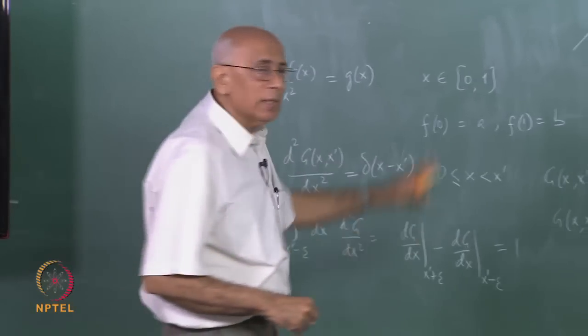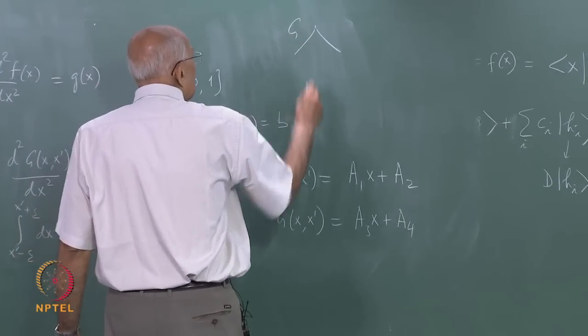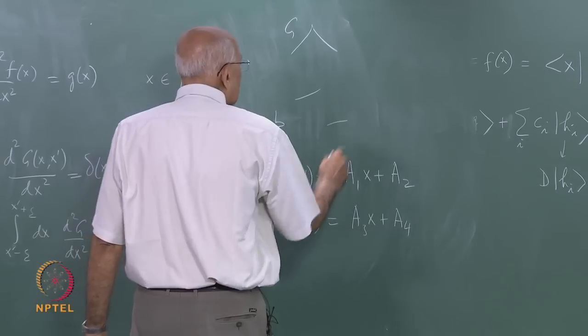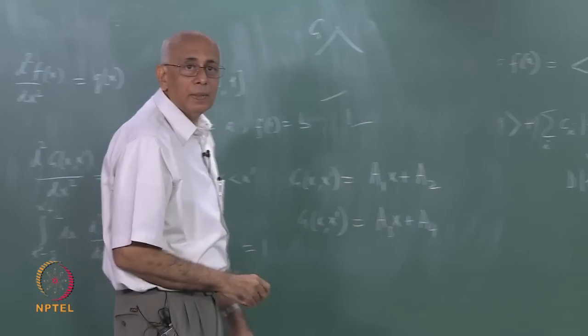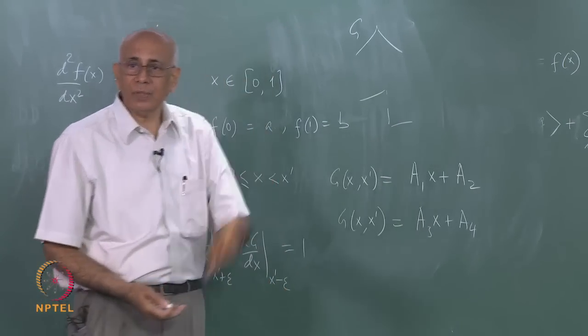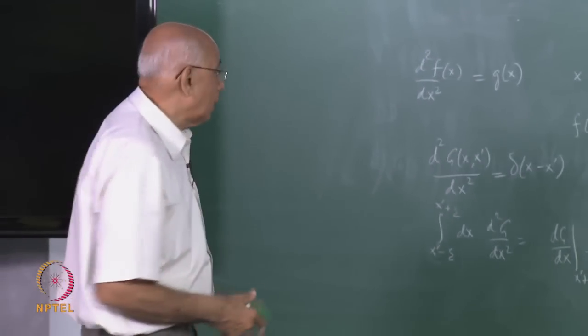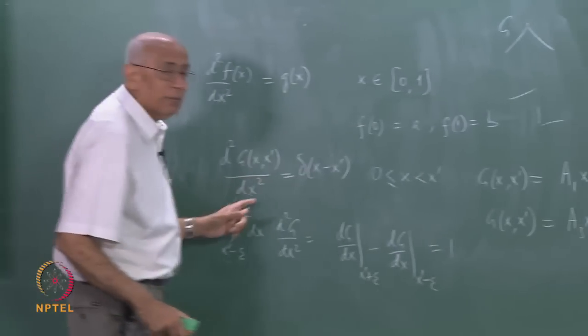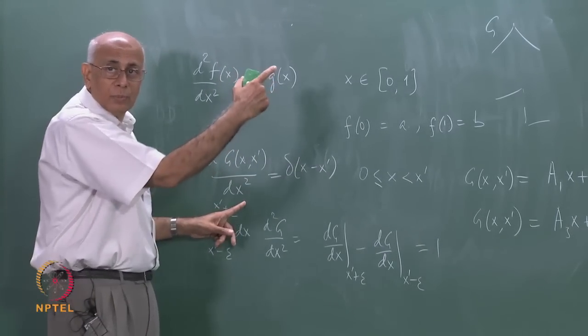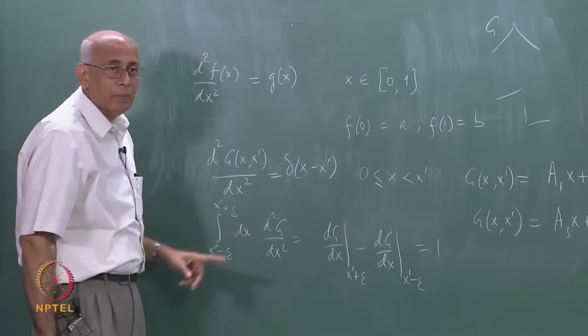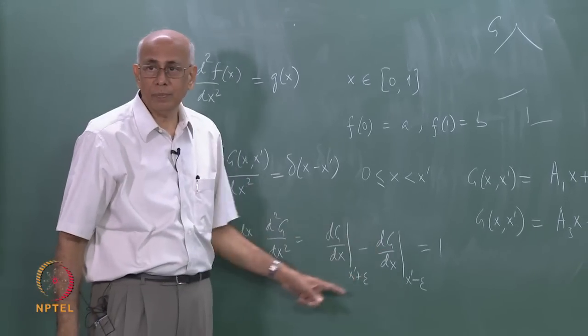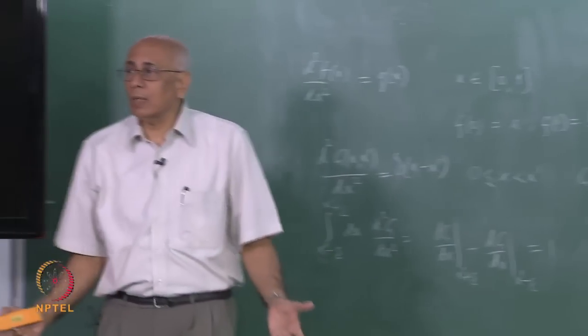So the function g itself will look like this, g prime will look like this, and g double prime will have a delta function jump at that point. Whenever you have a delta function in the second derivative, you know immediately that the function itself would be continuous, but the first derivative has a known jump. So that fixes all the conditions.